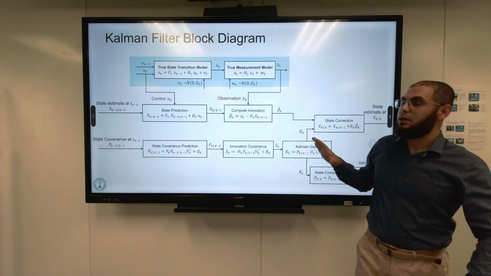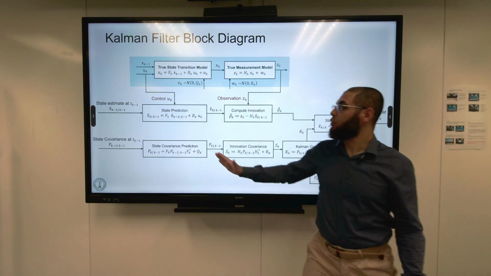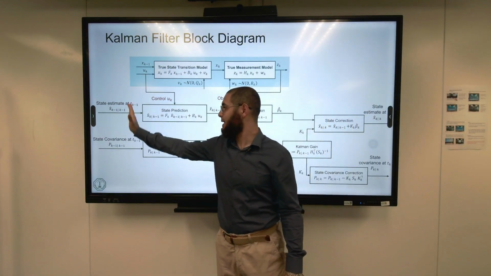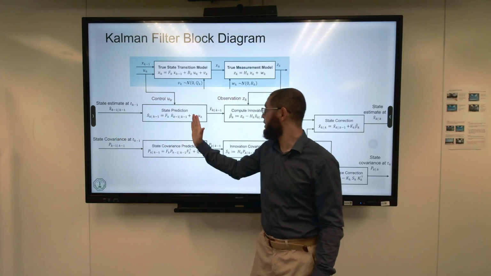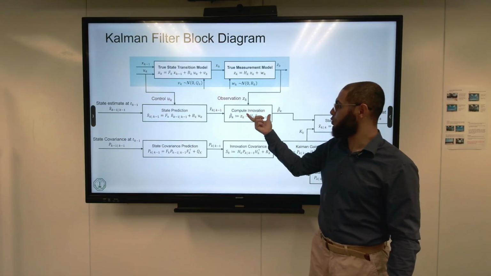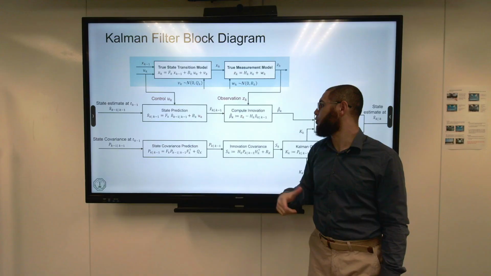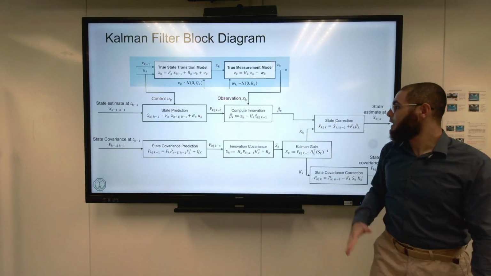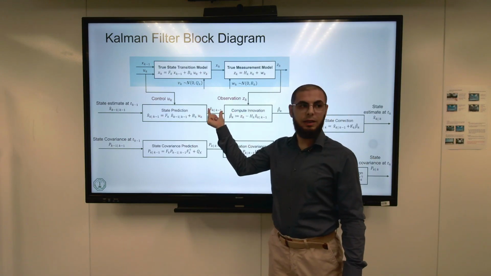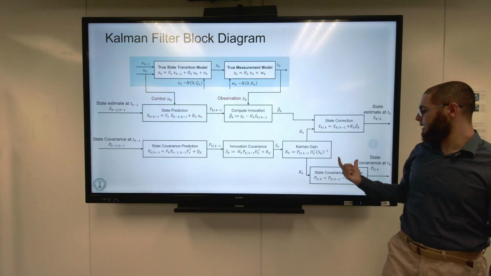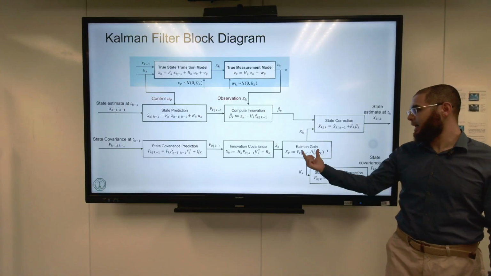And this was in terms of a block diagram. You take the state estimate and the state covariance from the previous time step and advance them with the prediction. Then you take the observation and compute the innovation and the covariance of the innovation, the beta and the S, and afterwards you correct the state. You correct the state through the Kalman gain, and you correct the covariance again with the Kalman gain.